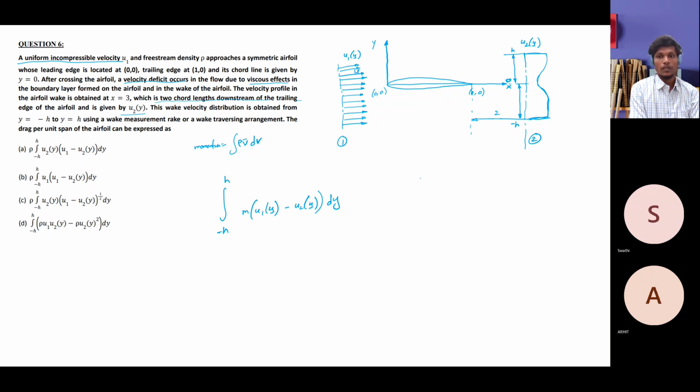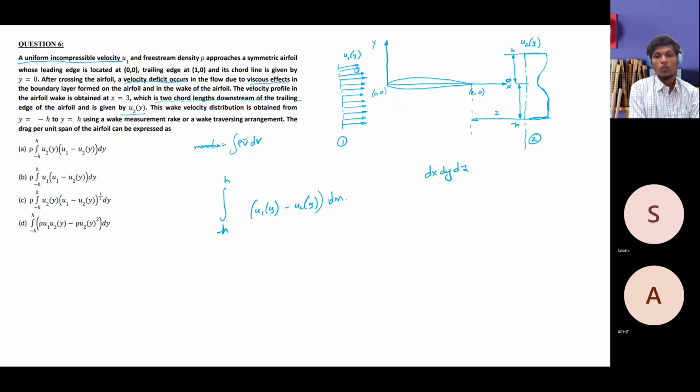mass. For a two-dimensional flow, I can represent it as dx, dy, dz. For any small volume I should not represent it directly, so I will say dm. Now it's a dm times the change in velocity at that particular location, and you are integrating from minus h to h.